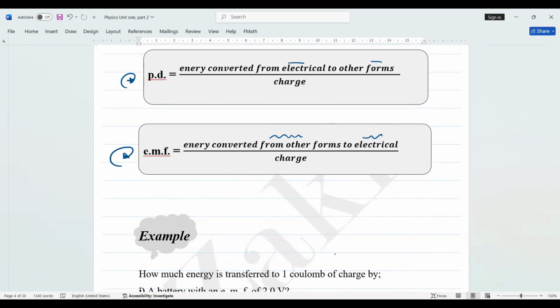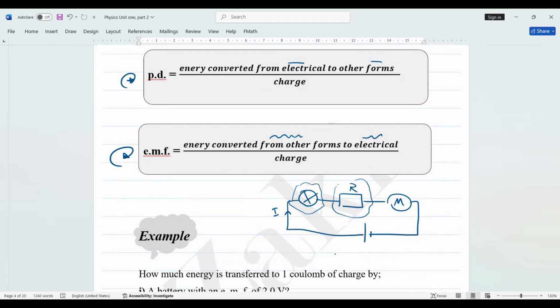Again, this is a circuit that contains, for example, a bulb, resistance, a motor, and finally, it has a battery or cell. Potential difference is the energy transferred from electrical to light per coulomb, or from electrical to heat per coulomb, or from electrical to kinetic energy in the motor per coulomb.